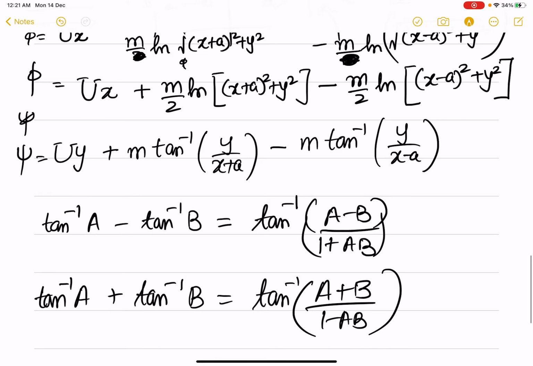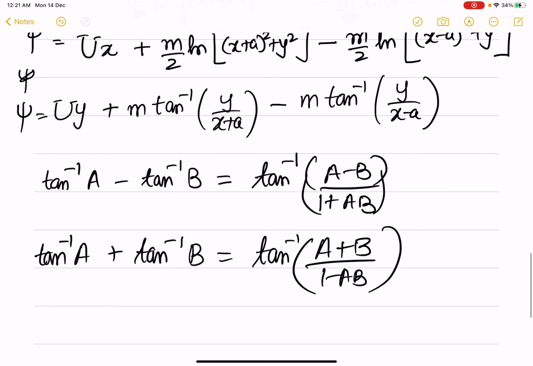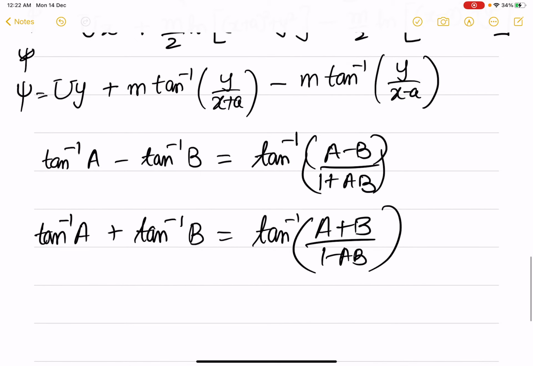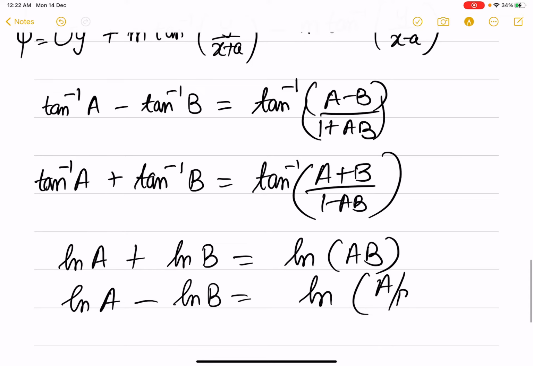So you could use these to combine the two tan inverse terms. For the log terms, log of A plus log of B, you can use log of AB, and log of A minus log of B becomes log of A by B.